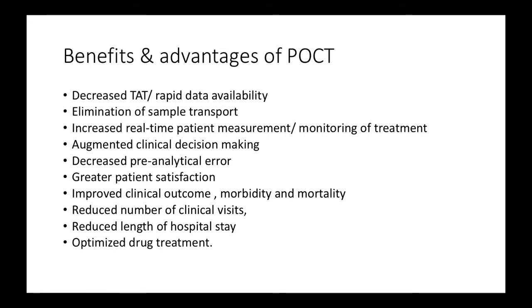But in most cases, particularly with handheld devices for PT-INR or glucose monitoring, this sample transport is eliminated. All these things are available close to the patient, and we can monitor treatment. We can measure certain parameters at the bedside only, and this helps in immediate clinical decision making.